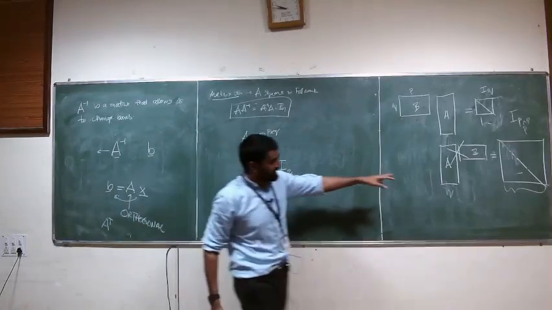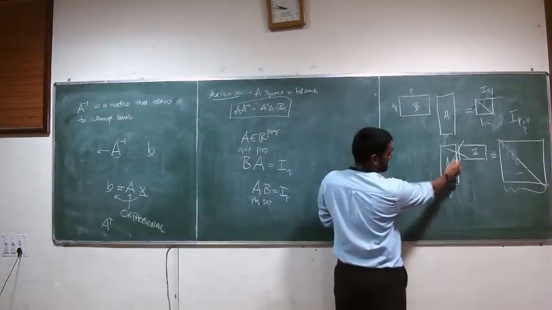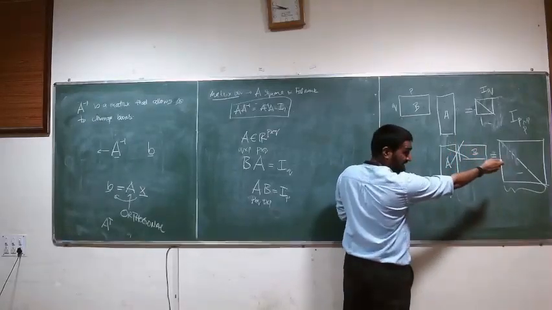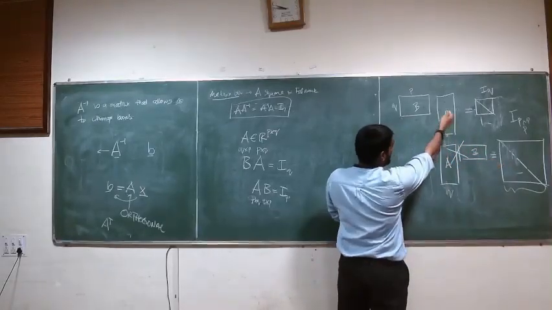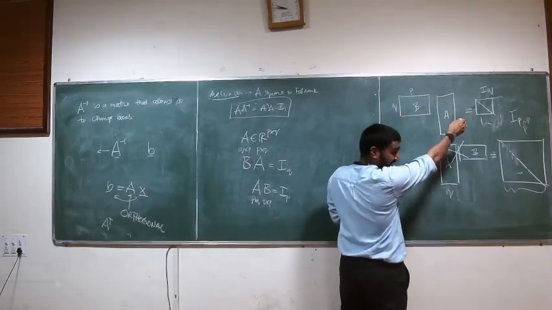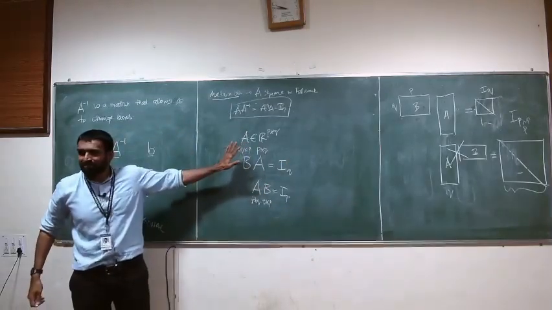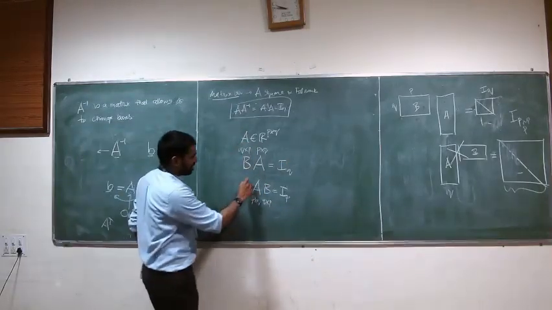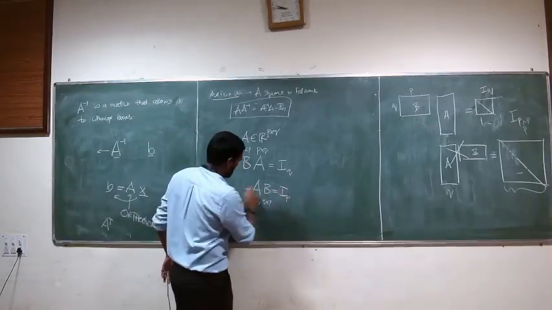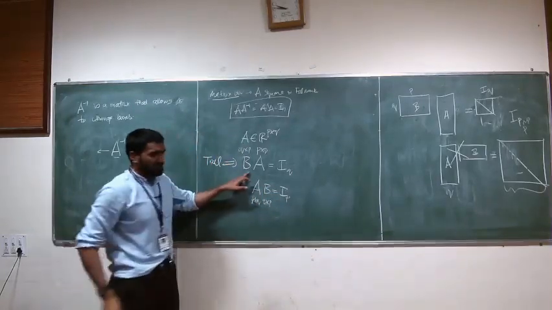If it's a tall matrix, it does not mean you cannot find a matrix B that you can post-multiply to get identity. What you can do is get a matrix which you can pre-multiply to get an identity matrix. Again, all this applies only if A is full rank. So for a tall matrix, this is true.